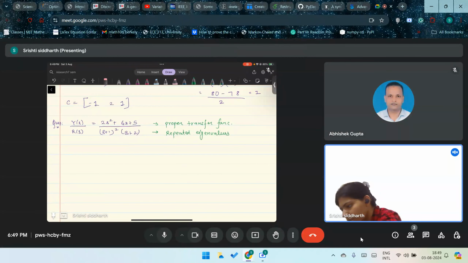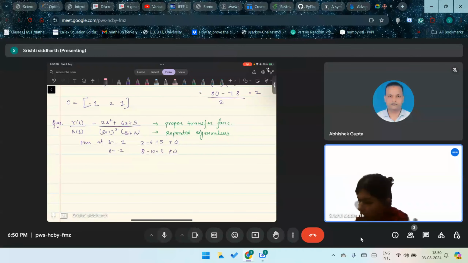So let's just check that the numerator does not have the same zeros as the poles. So at -1, the numerator is 2 minus 6 plus 5, which is 1. This is also nice. Alright.